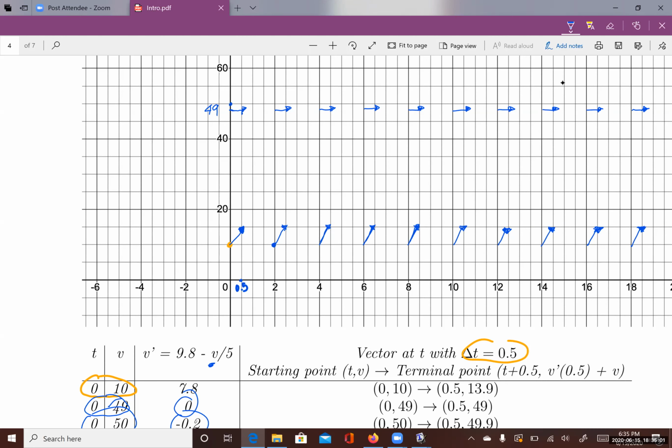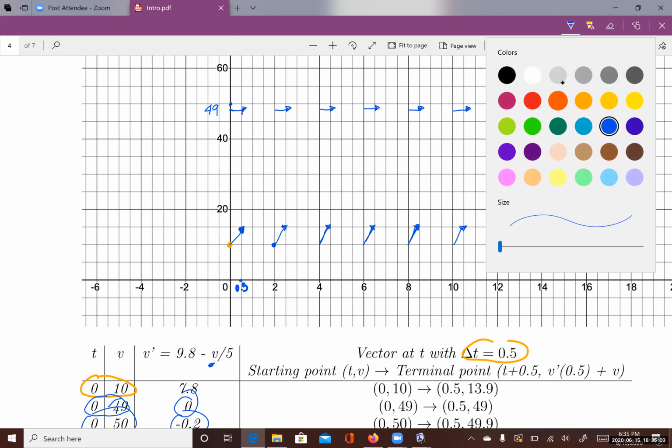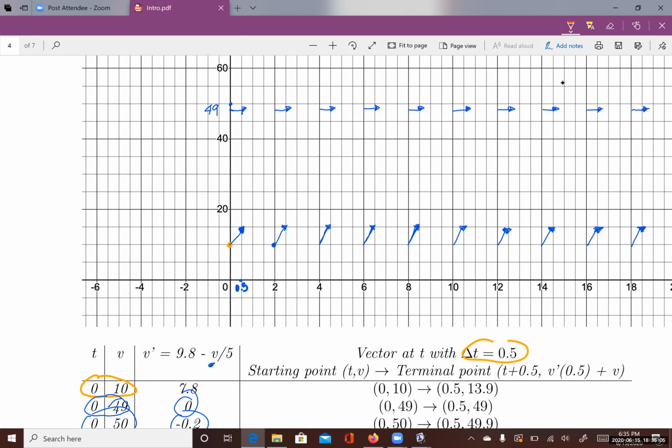I want to use a different color. The slope is negative, that means your slope vectors are pointing down, because it's negative 0.2.